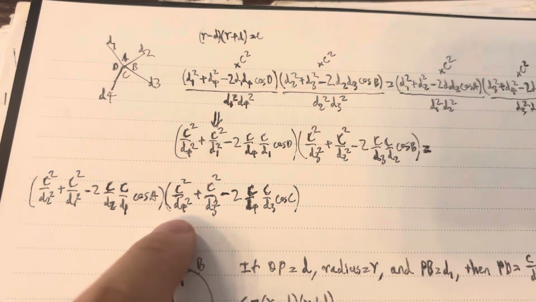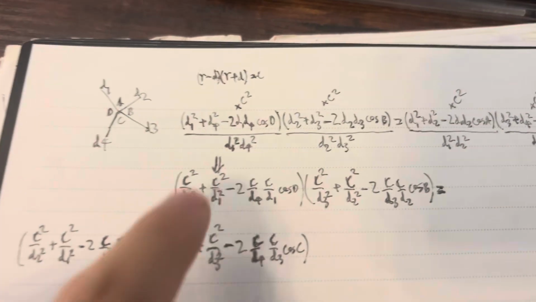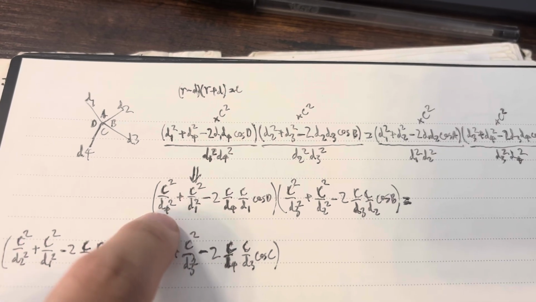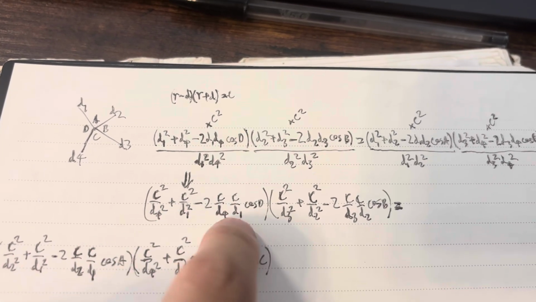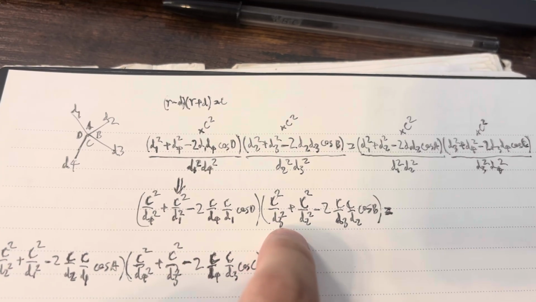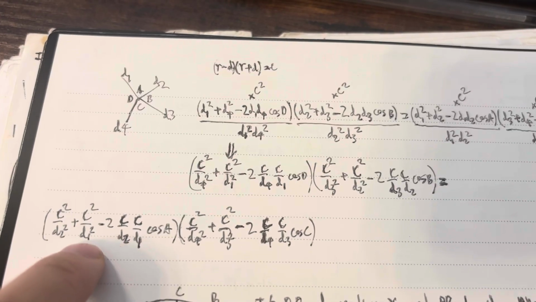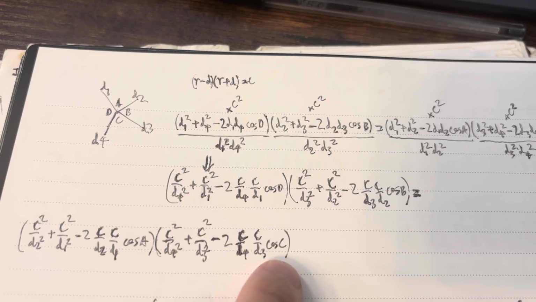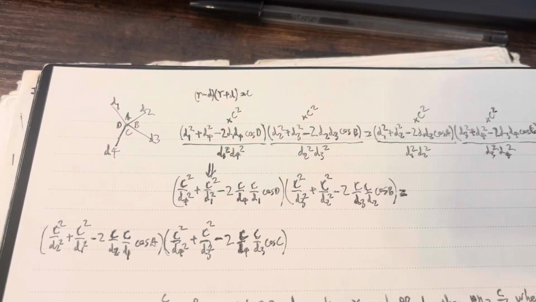And then the fourth factor, if you extend d4 and d3, will be the top side squared. So you can see this equation exactly says that the right blue side squared times the left blue side squared equals the bottom blue side squared times the top blue side squared. And so therefore we're done.